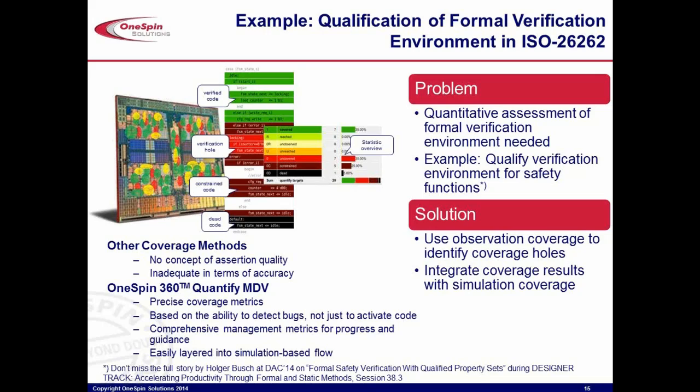We do observation coverage, so this is a little bit more than what you're using in simulation, because in simulation you just need to execute a line, say, okay, I've covered this line, doesn't mean you really have any checker that will spot the bug on that line.